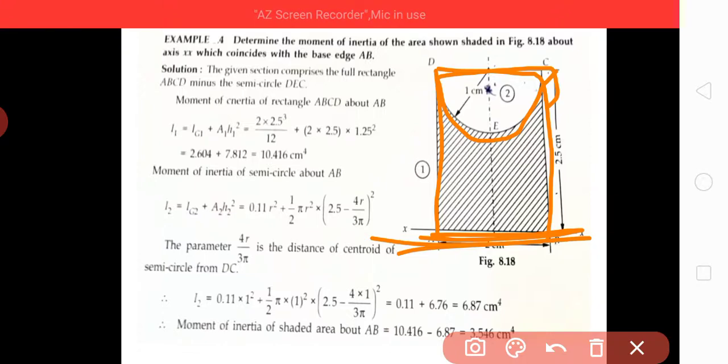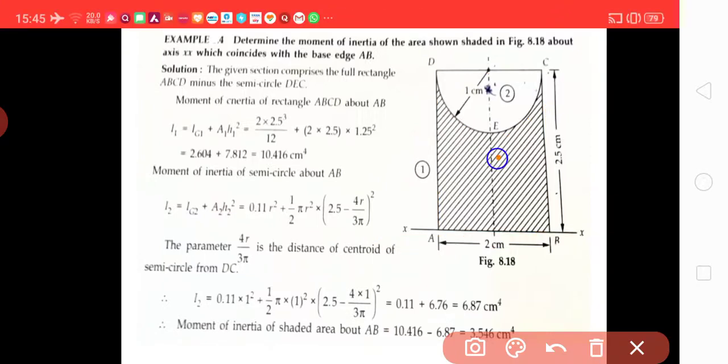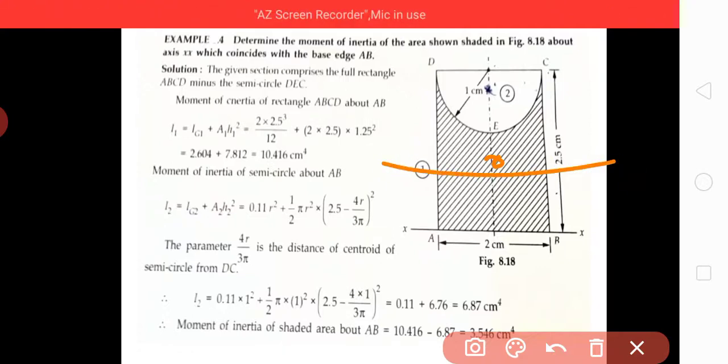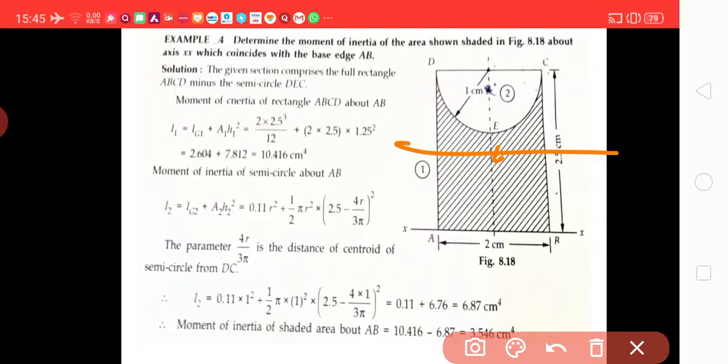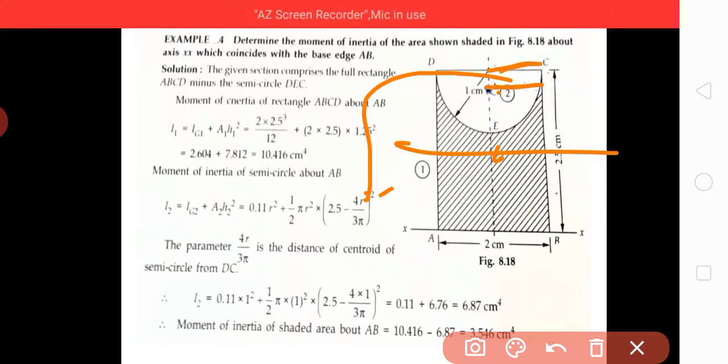For a rectangle the centroid will be somewhere here in the center, that is 1.25 centimeter away from the x-axis, and for this semicircle the centroid is 4r upon 3 pi from the top, that is DC.